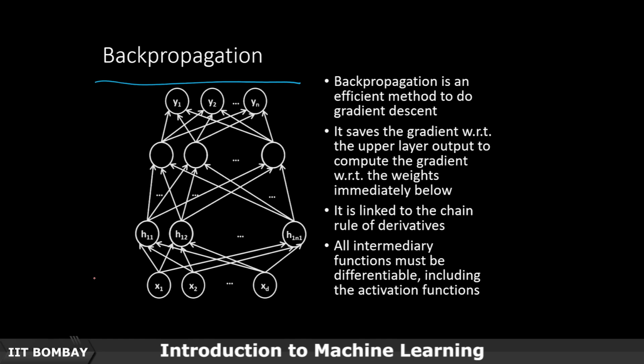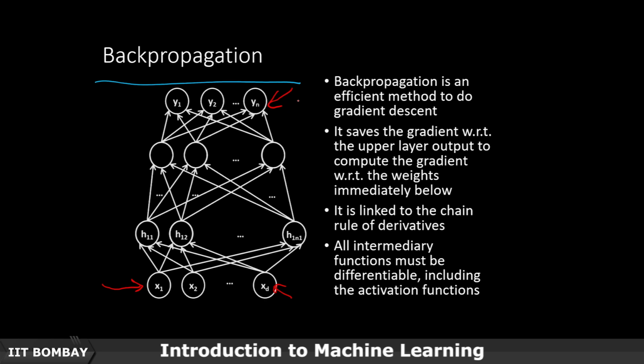So just to revise, in neural networks you have an input layer, and the number of neurons in the input layer is decided by your input size, your input dimension. If your input dimension is d, then you have d neurons in the input layer, whereas the size of the output layer is decided by the dimension of the output.